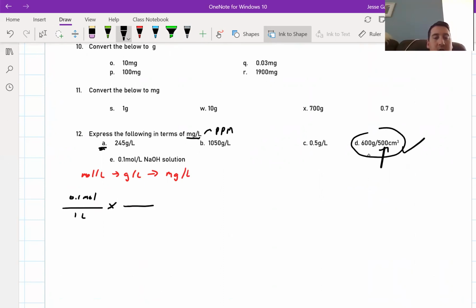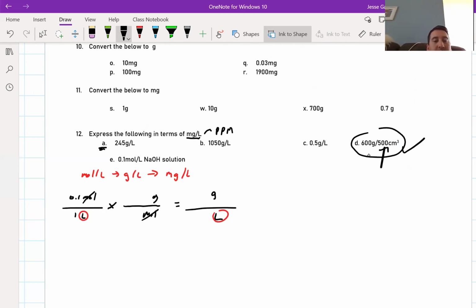So I'm going to have a conversion factor that gives me some amount of grams per liter in the answer. I've got liters in the denominator already, so that's good. What I've got though is grams in the numerator, which means my grams needs to appear in the numerator here, and I need moles to disappear, so I'll put moles in the denominator like that.